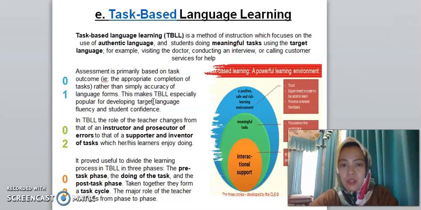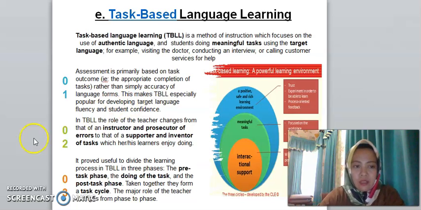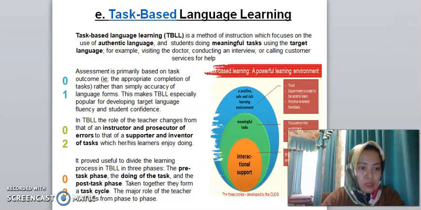I mean, let's say the students practice when they want to buy movie tickets, or they want to order in a restaurant. So they will have their own experience as a waitress, as a waiter, or as the guest in the restaurant. They keep practicing it in task-based language learning.